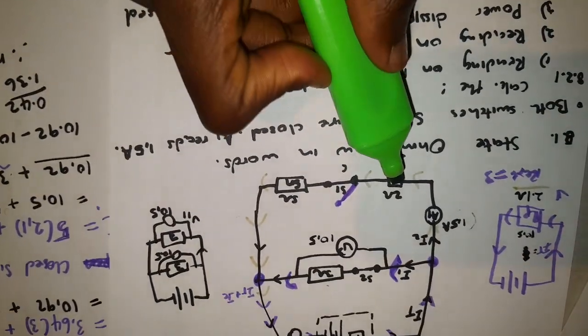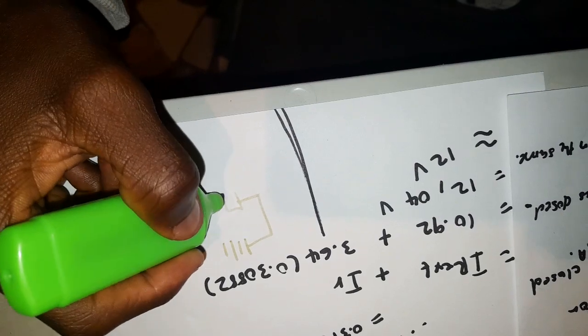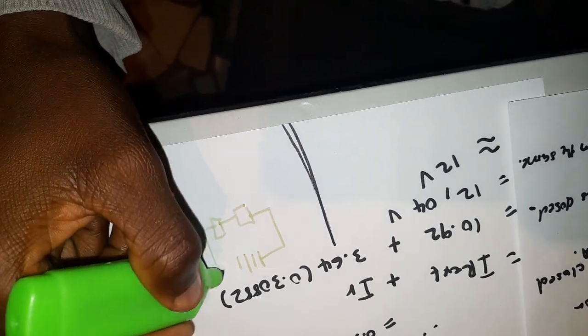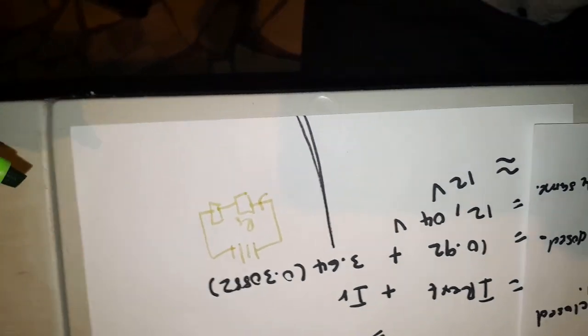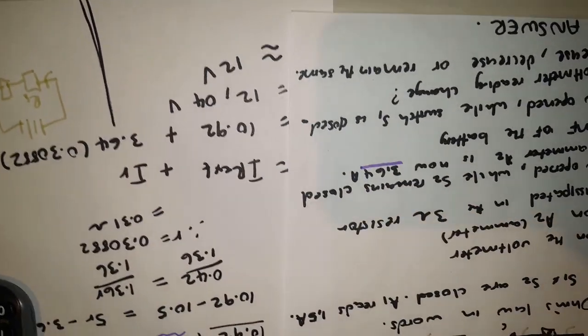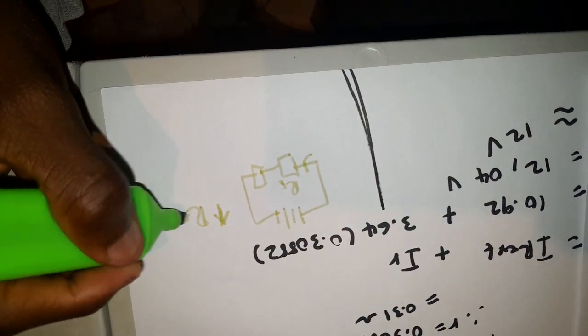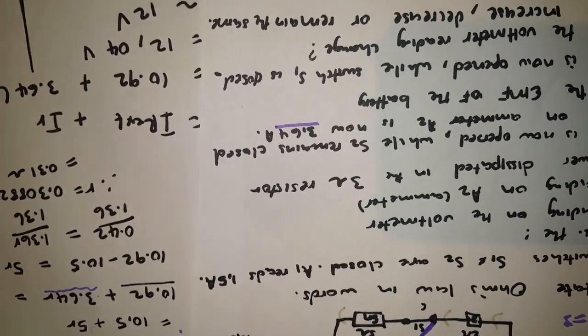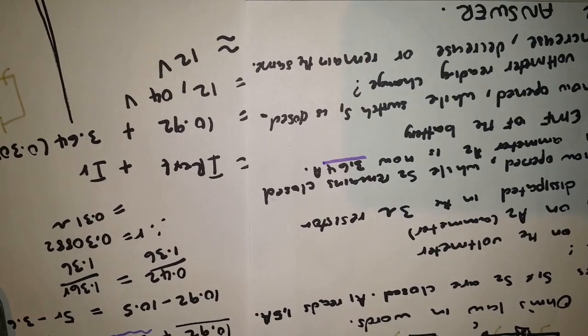Our R external will be this added to this, since it's going to be a circuit that looks similar to this circuit in series. So our R series is the total external resistance. Which means our external resistance increases, so our current will decrease.